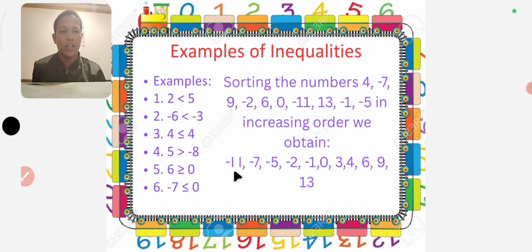So negative 11, negative 7, negative 5, negative 2, negative 1, 0, 3, 4, 6, 9, and 13. That's how these numbers lie on the number line.